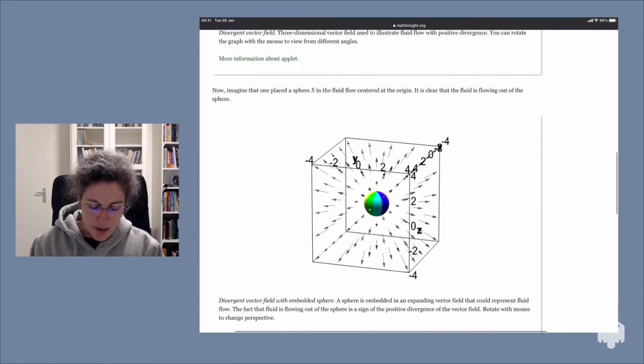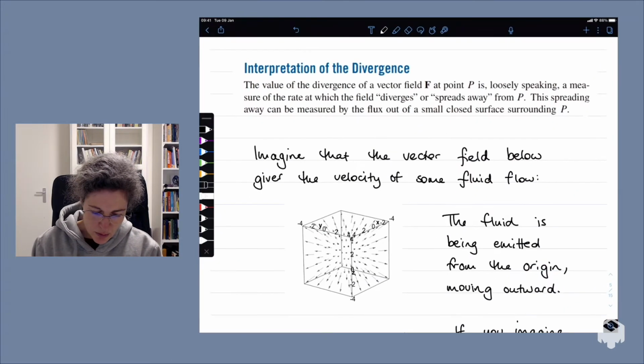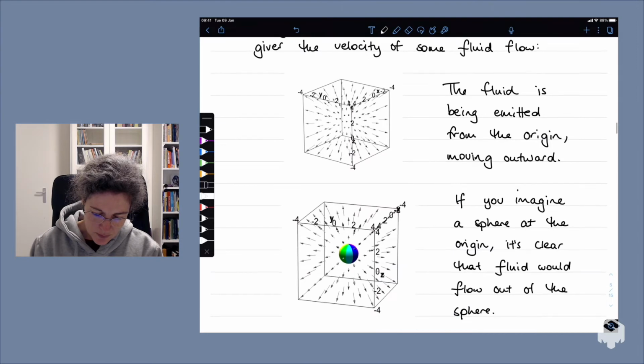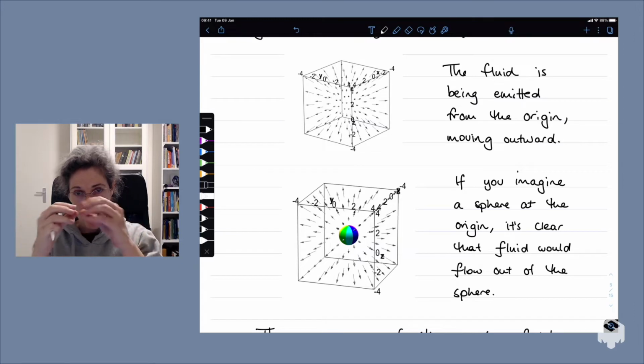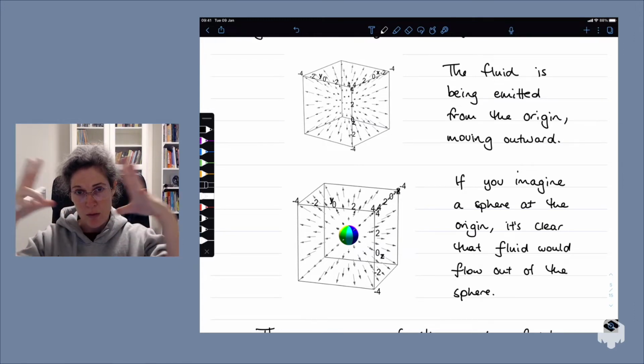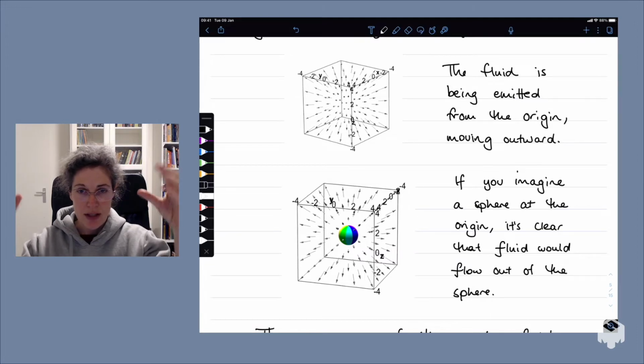So how can we think about our divergence? Well, imagine that we've got a small little ball sitting at the center there. Then there's always going to be fluid flowing out from that ball. So heading back to the notes, in this case, for this vector field, we're imagining a source that is producing something, a fluid or a field or something like that.